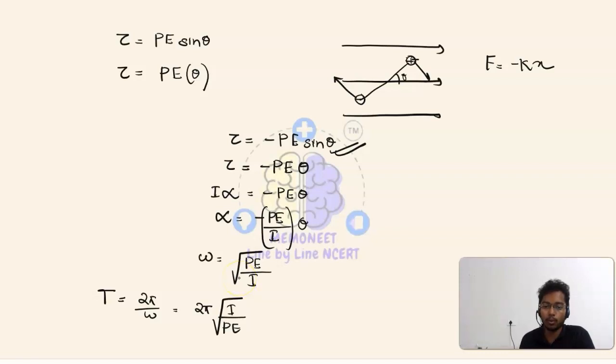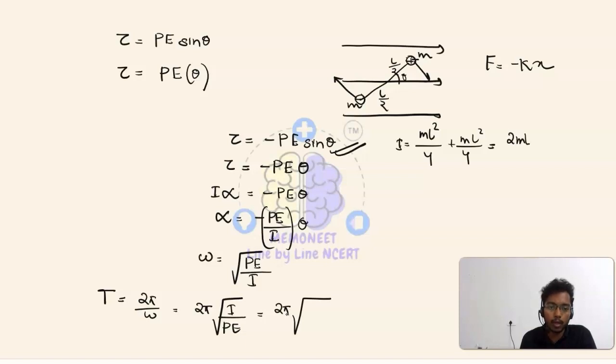Now for the values, let's say the two charges are each at a distance L by 2, and each has mass m. What will be its moment of inertia? mL square upon 4 plus mL square upon 4, so I is equal to 2mL square upon 4, that is mL square upon 2.